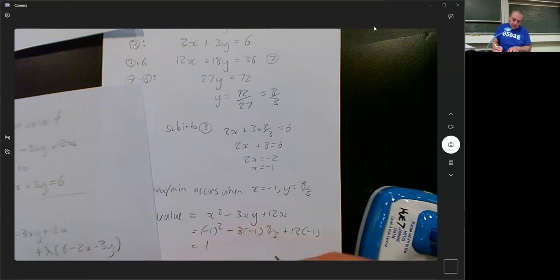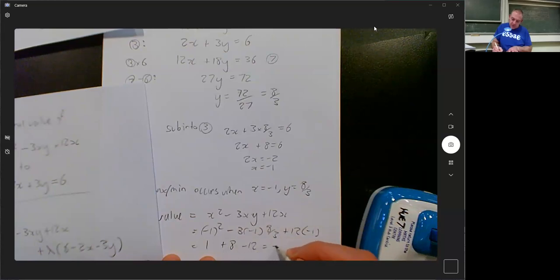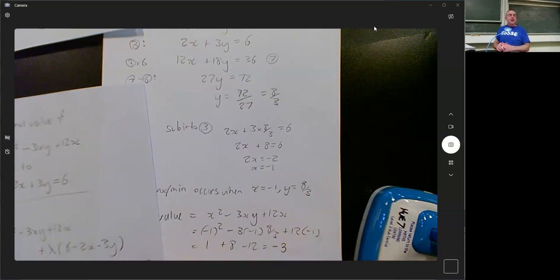And so that's 1 minus minus, that'll be a plus 8, minus 12, which is negative 3. Doesn't feel like a maximum. Probably a minimum. But if I could find any one other point on this same line and sub it in, if it was higher, then I would know this was the minimum.